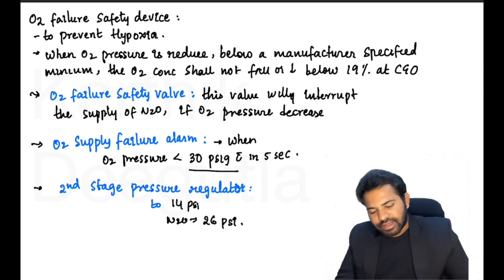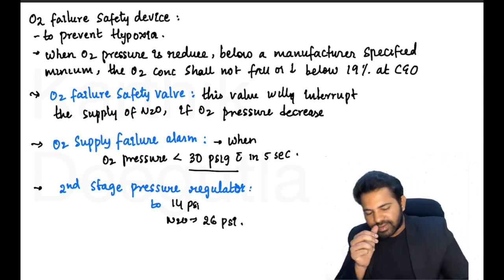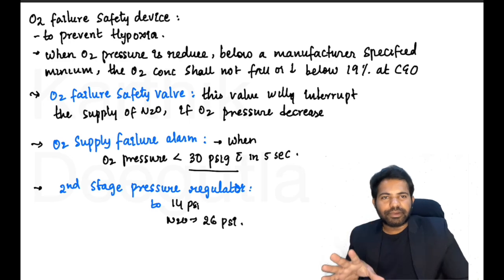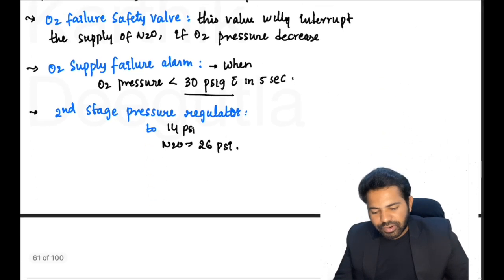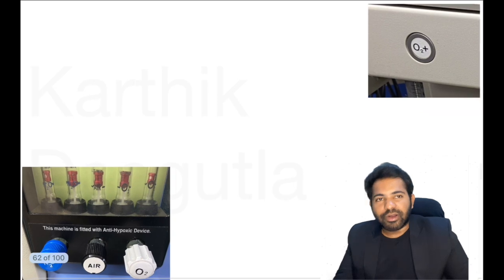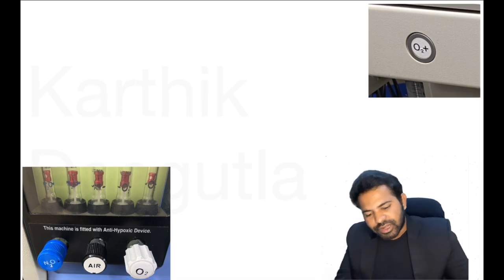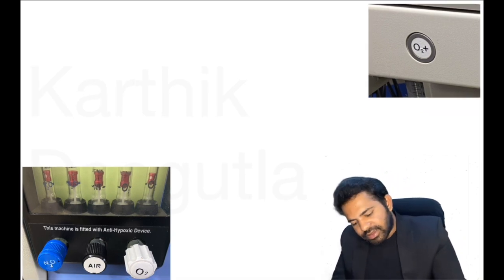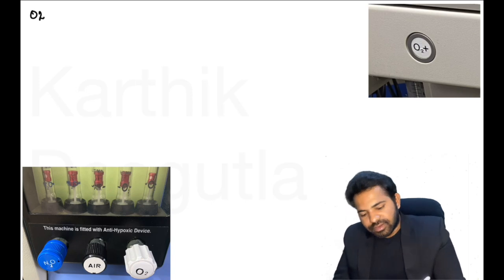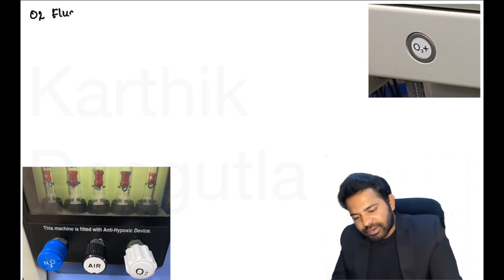Hope I am clear. Till now we have discussed all the components of the intermediate pressure system. Now we are going to discuss a very important other component, which is oxygen flush. Question can be asked on oxygen flush also. So this is also a very important topic.